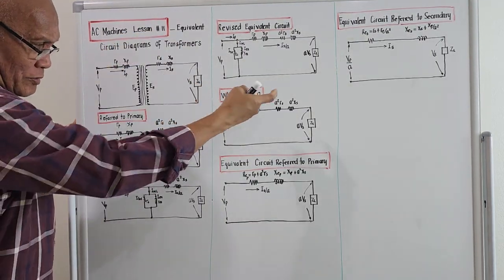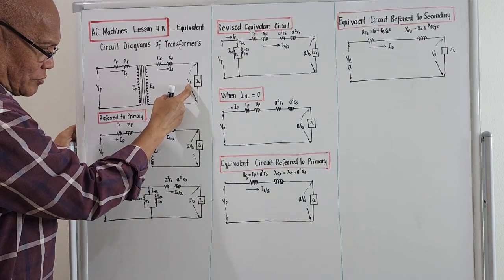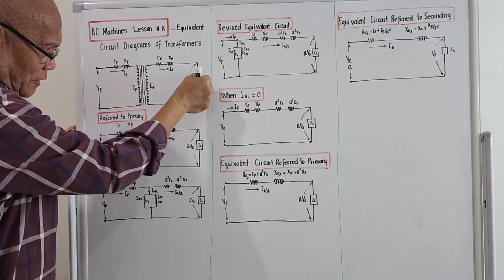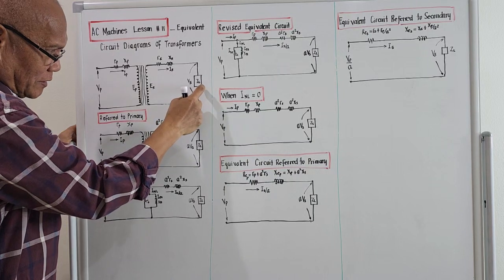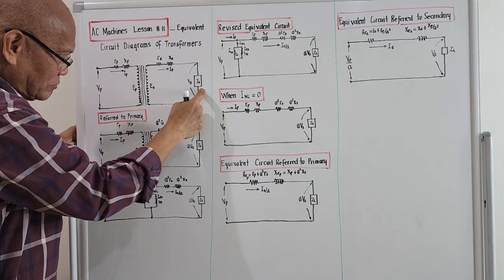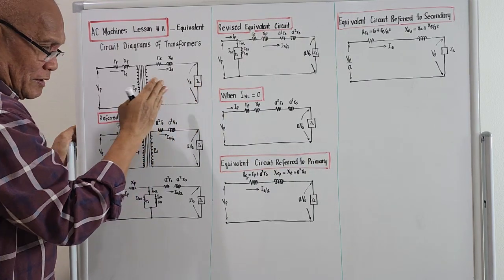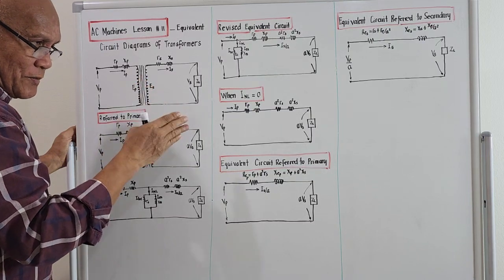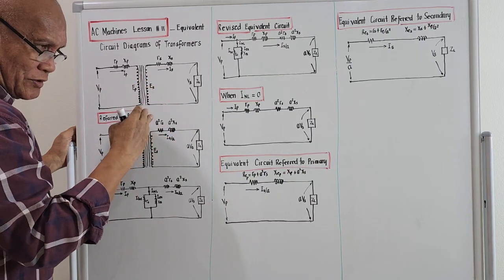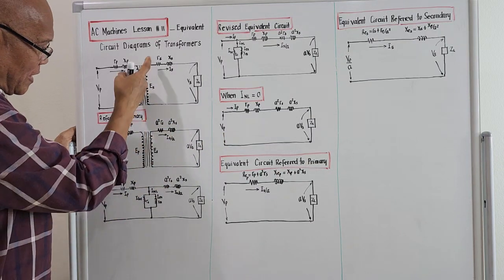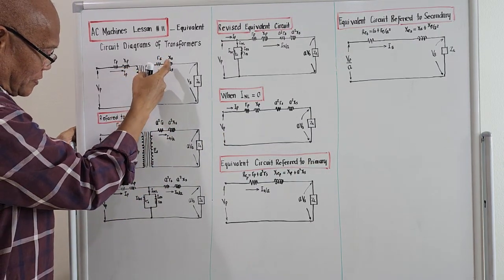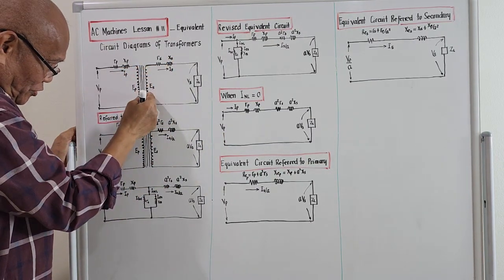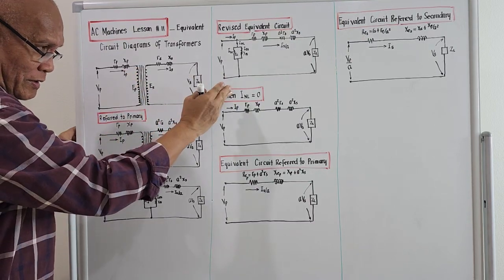The subscript S refers to secondary. Z with the subscript L, meaning the impedance load, right? And the impedance drops or parameters on the secondary are designated by R with the subscript S and X with the subscript S, due to the winding on the secondary.